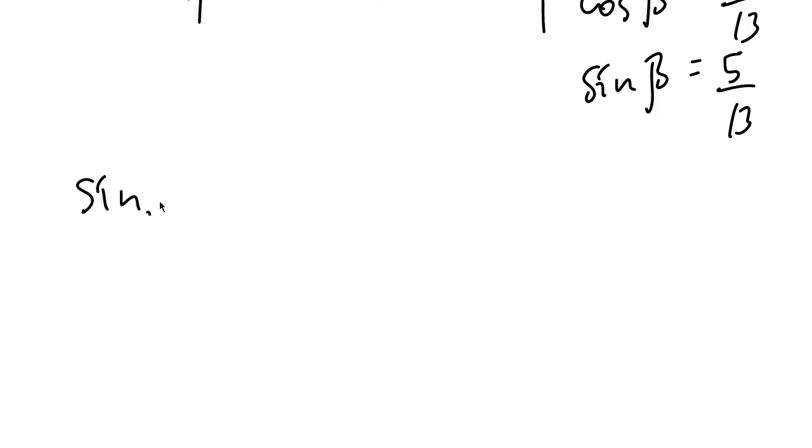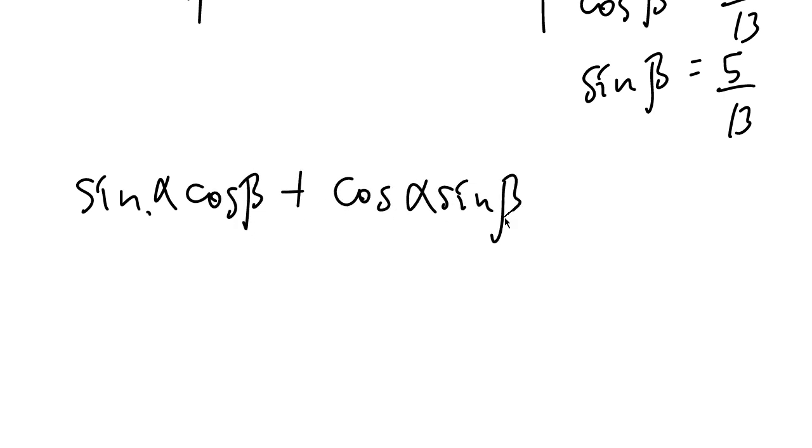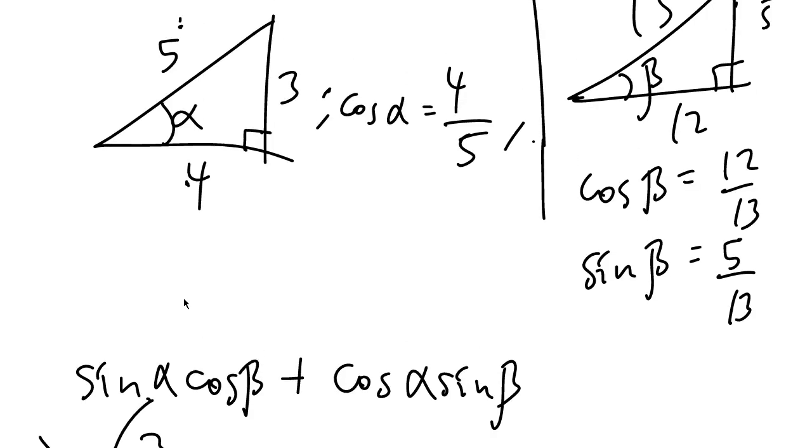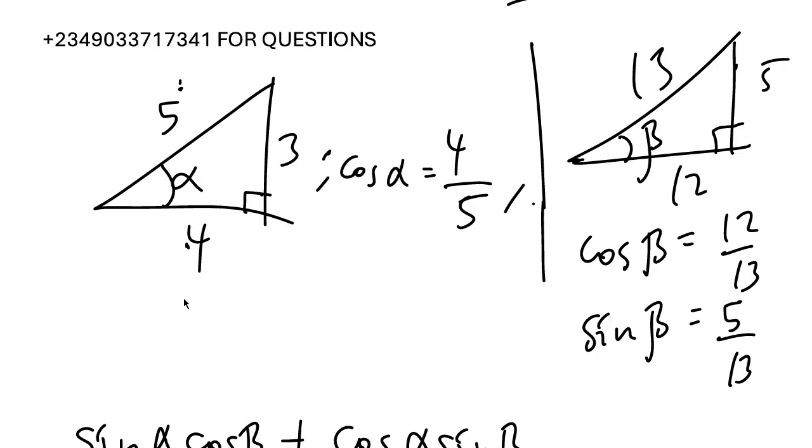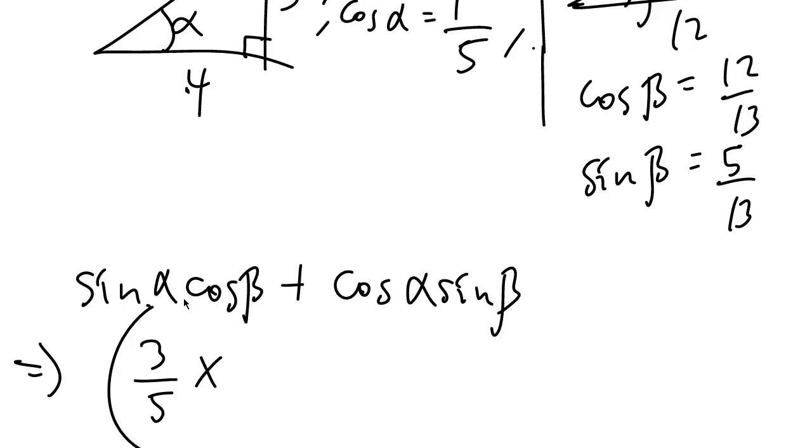Remember that this was sine alpha cos beta plus cos alpha sine beta. So what is sine alpha? It was given in the question as 3 over 5, multiplied by cos beta. And what is cos beta? 12 over 13. But you must be careful here.